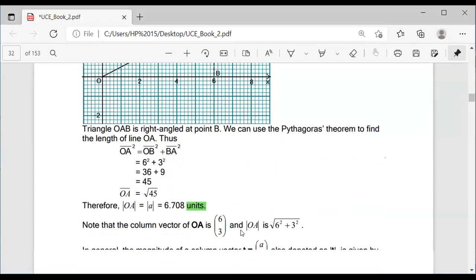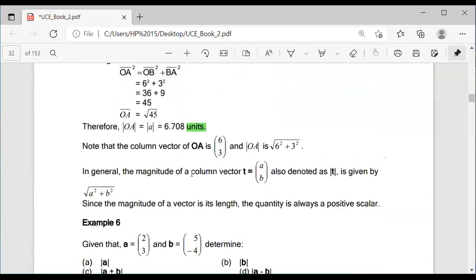All right. Now, if OA is written in column form, how do you get the magnitude of OA?